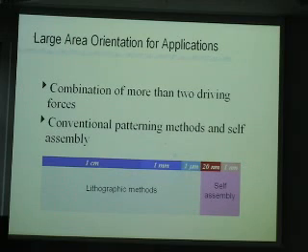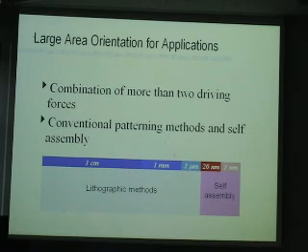Still, we need to control the large area orientation for real applications. In order to do that, one idea is to combine more than two driving forces for better control. That's the main idea, the combination of more than two driving forces.